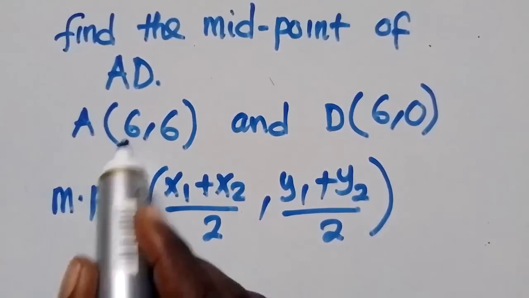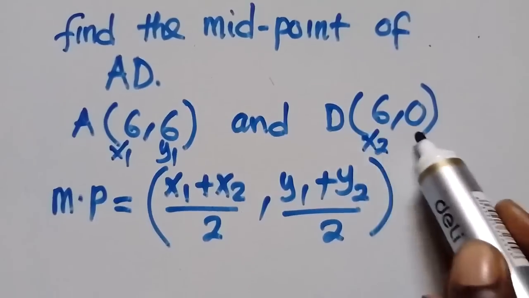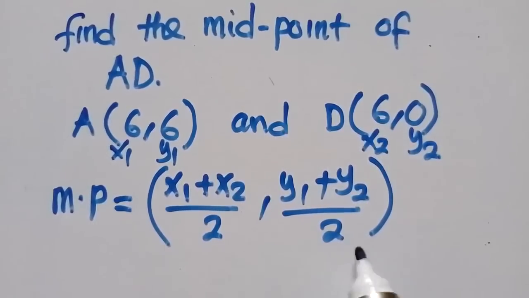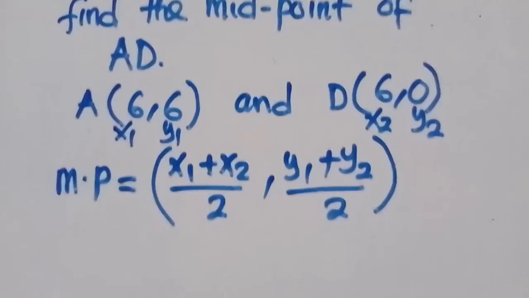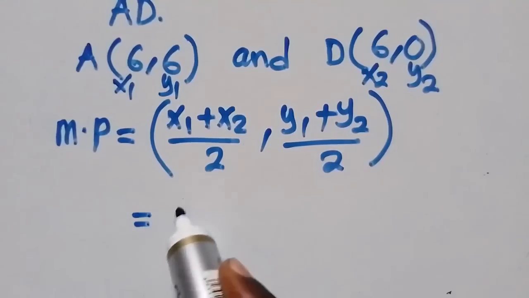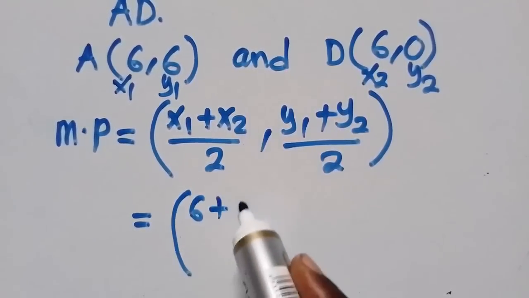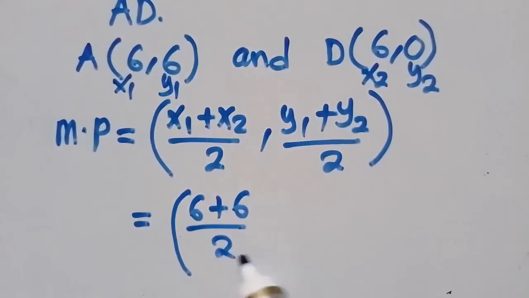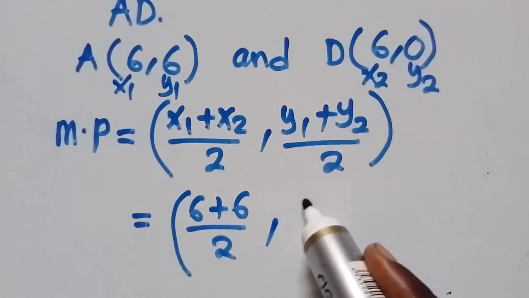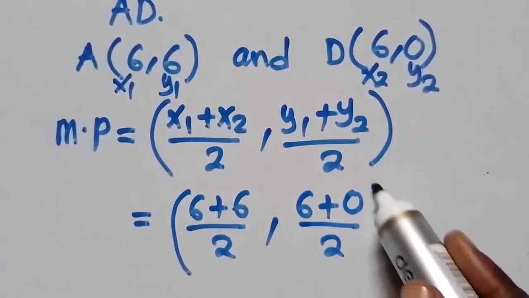This is x1, this is y1, this is x2, this is y2. Then you substitute: x1 is 6 plus x2, 6, over 2, comma, y1 is 6 plus y2, 0, over 2.